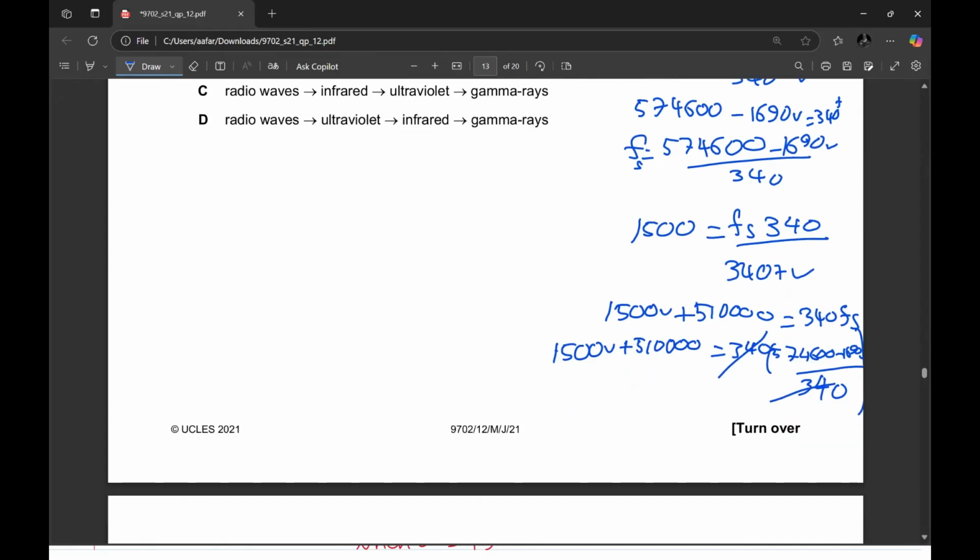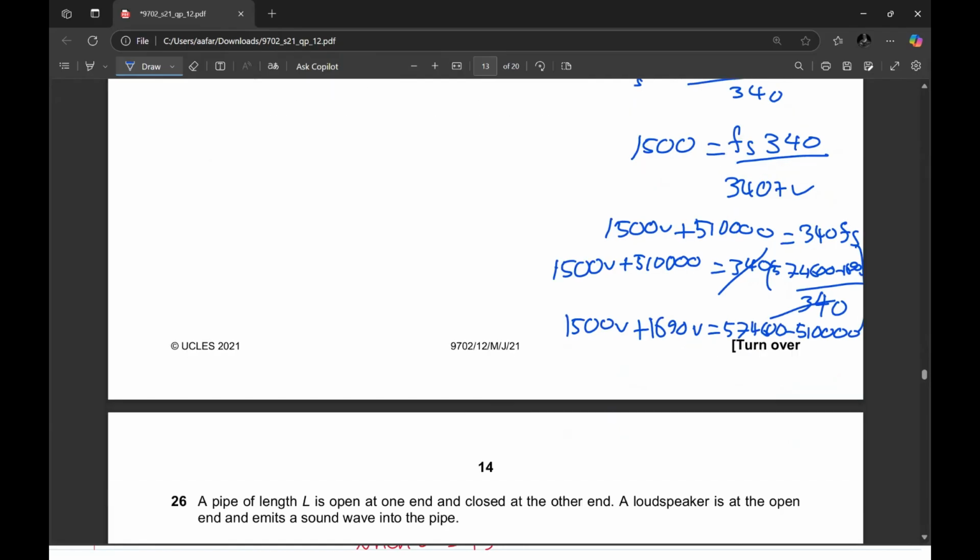So we get 1500 V plus 1690 V equal to 574,600 minus 510,000. So V we get is 64,600 divided by 3190.